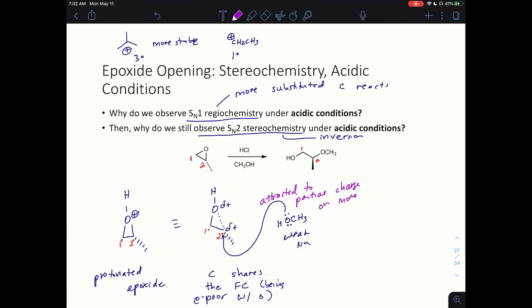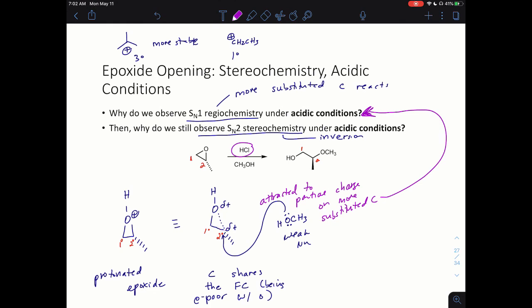So that explains why we see SN1 regiochemistry. Because the more substituted carbon, and this is only under acidic conditions, the more substituted carbon is just sharing that positive charge with oxygen. So we see SN1 regiochemistry, but this bond isn't broken or anything, it's still there.